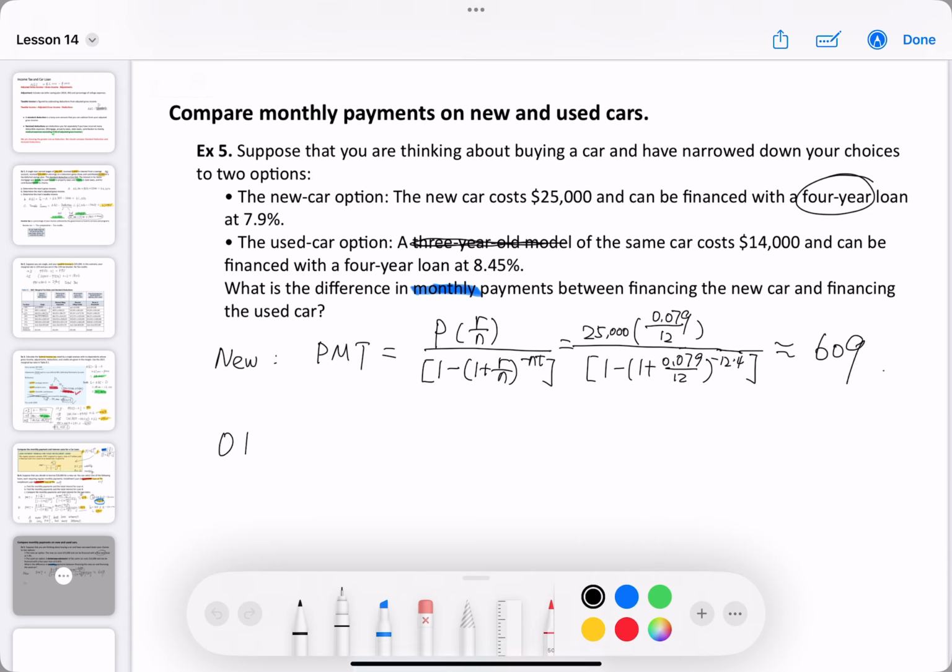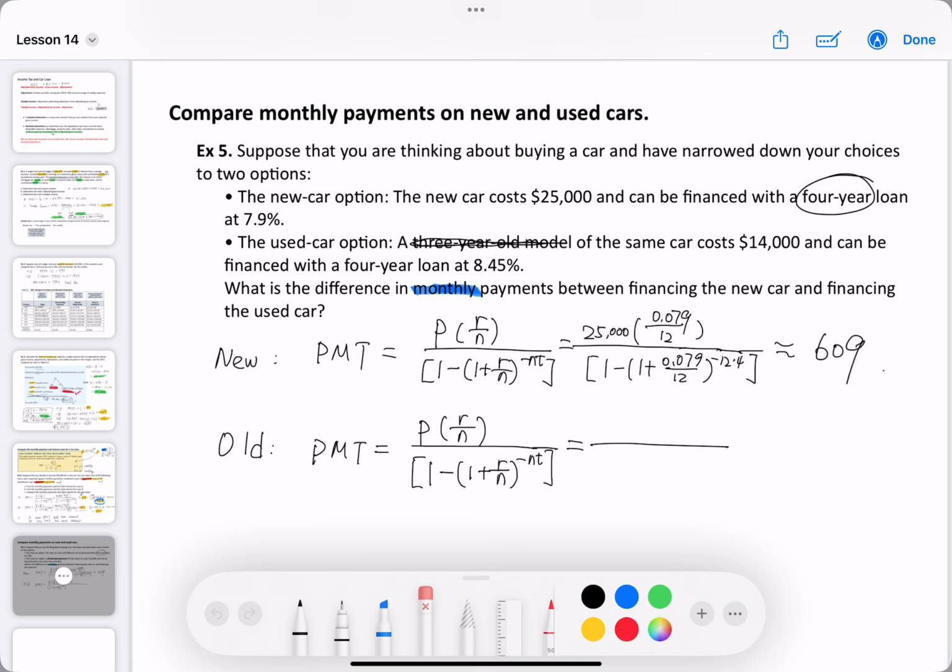How about my old car? PMT. You don't have to copy the formula all the time, but I want you to keep practicing. Copy as many times as you can. Then you can memorize the formula. Okay, it equals P, same amount of money? No, different.